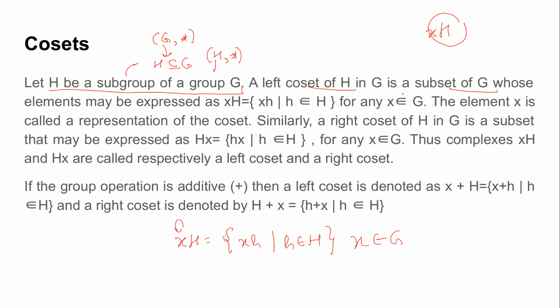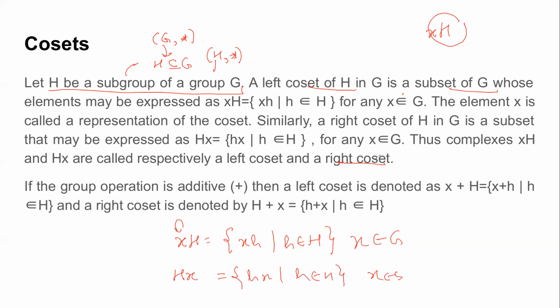If you postfix the elements, that means you apply them on the right hand side like this, then this is known as your right coset. Okay, so this is under the multiplication operation.